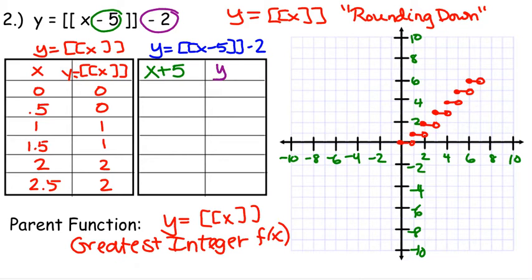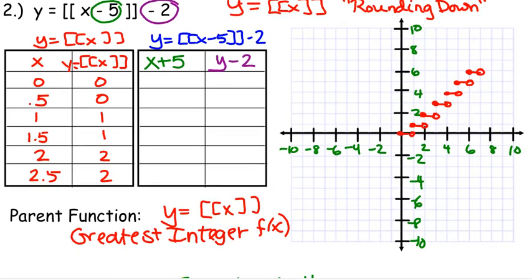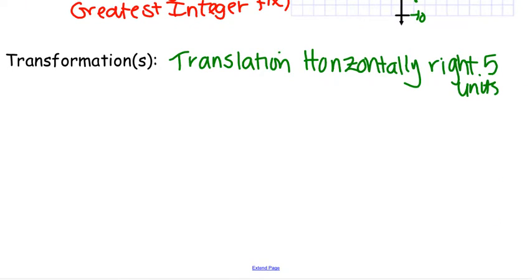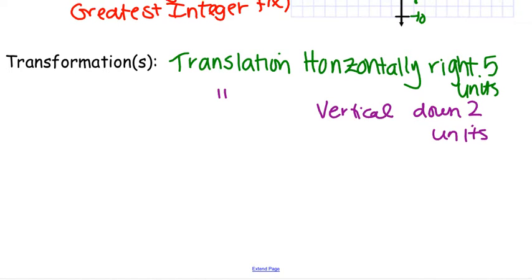So to create those new ordered pairs, we're going to subtract 2 from all of them. So the transformation is a translation vertically down 2 units.